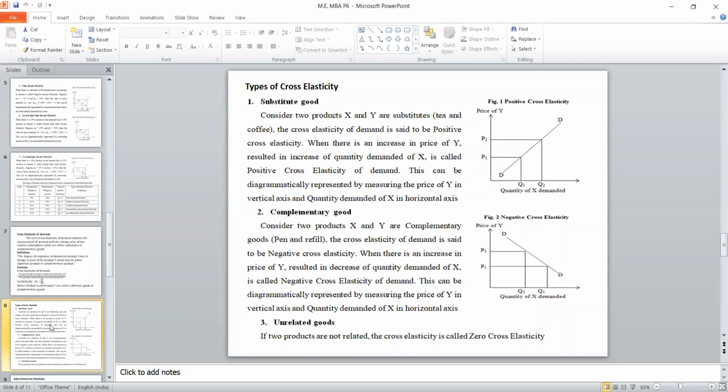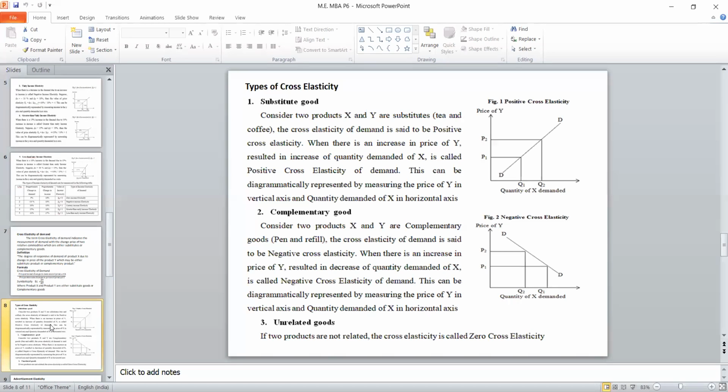Now we are measuring the demand for X on the horizontal axis, and the price of Y on the vertical axis. When the price goes from P1 to P2, the demand will change. You understand? Because the competitor's price is increased, your demand will be more. So that is why the demand curve slopes upwards.